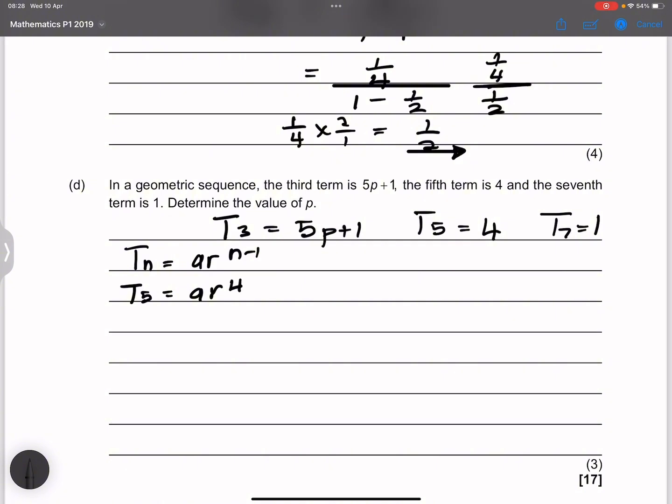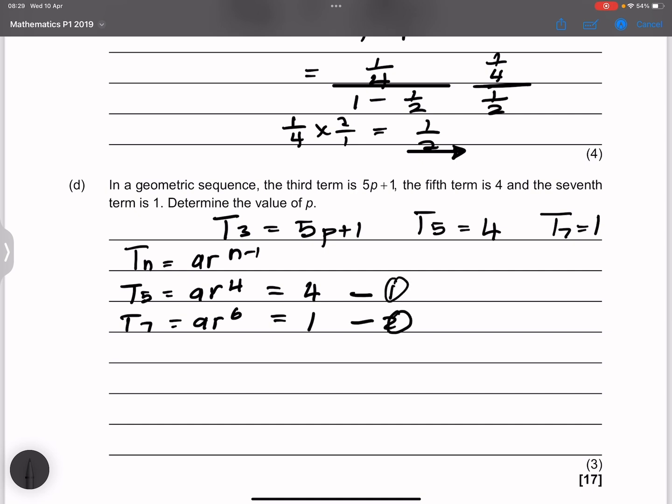So ar^4 is equal to 4. And T7, again, that's ar^6 is equal to 1. Let's call this equation 1 and this equation 2.